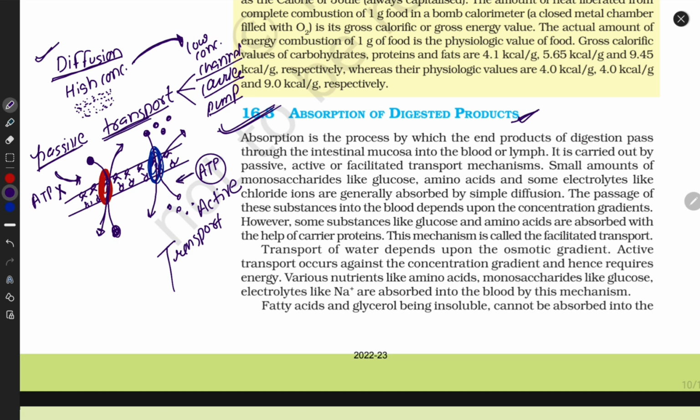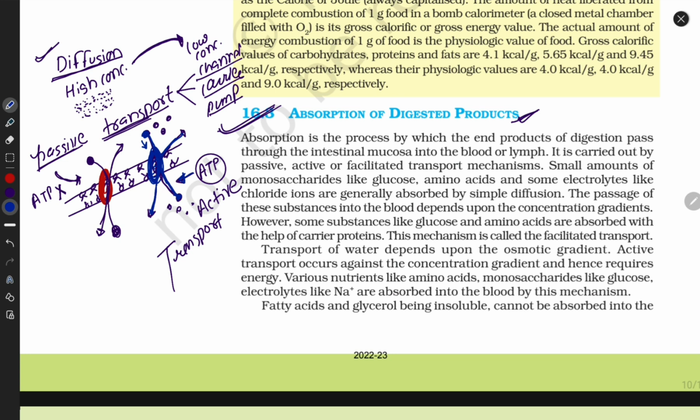If they require ATP, it means this molecule wants to go outside, but this transporter says give me ATP, then I will send you outside the cell. So this molecule provides ATP and passes inside to outside. And if this molecule wants to go inside, and the transporter requires ATP, the molecule gives ATP, so they can easily move across the plasma membrane.